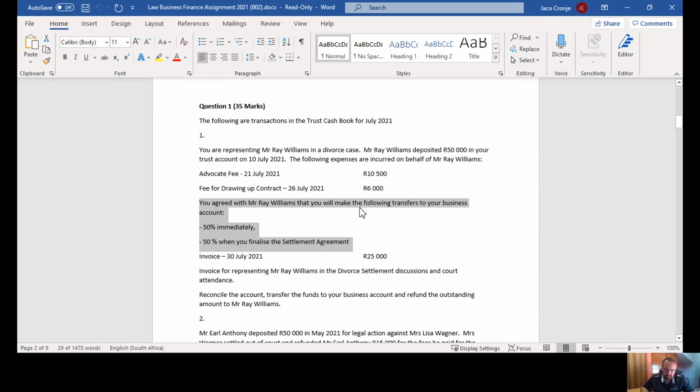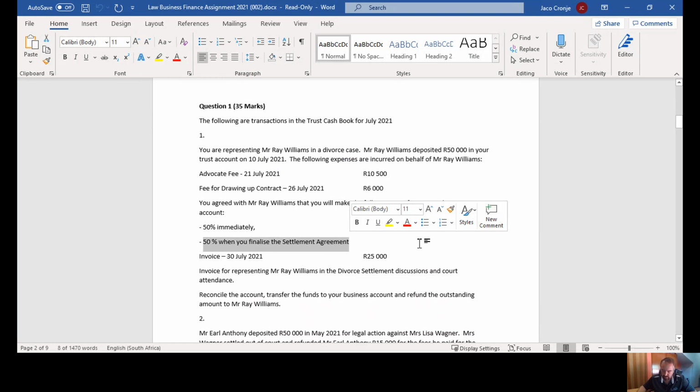It says you agreed with Mr. Ray Williams that you will make the following transfers to your business account. 50% immediately. So that means 50% of the 6,000 Rand gets transferred from trust to business immediately. And then they say 50% when you finalize the settlement agreement.